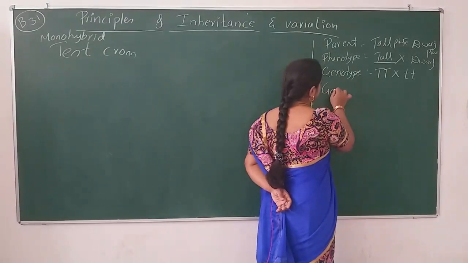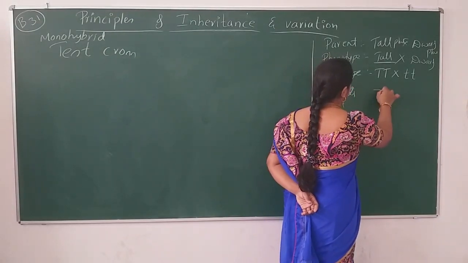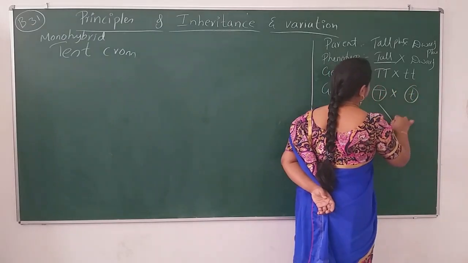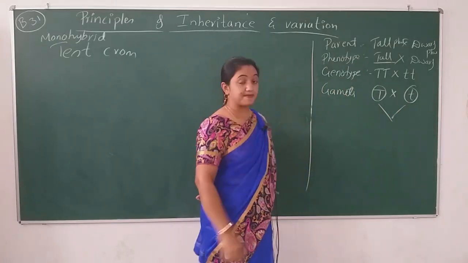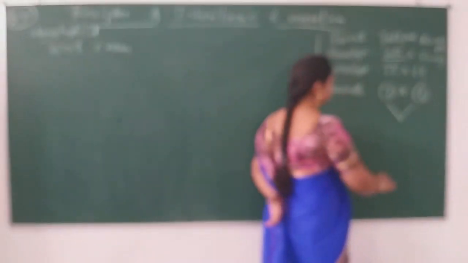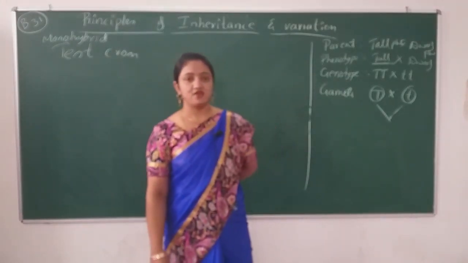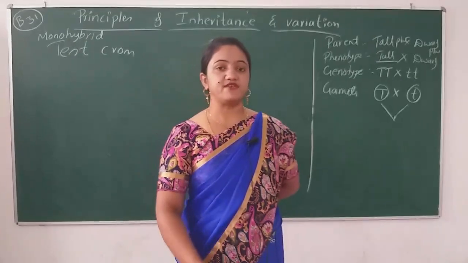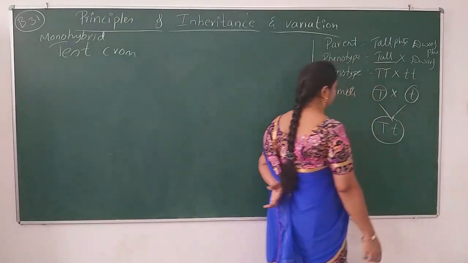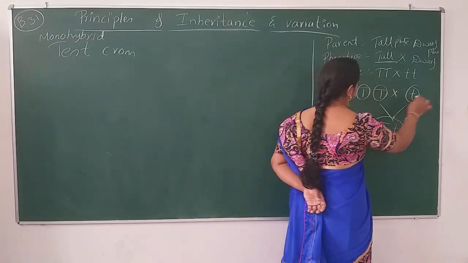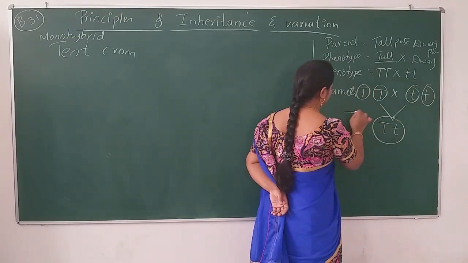If we take the gametes of these, T and T, when we cross these gametes, male and female gametes, when fertilization takes place, the next offspring will be capital T and small t. On that day I wrote like this, right? Okay, no problem.